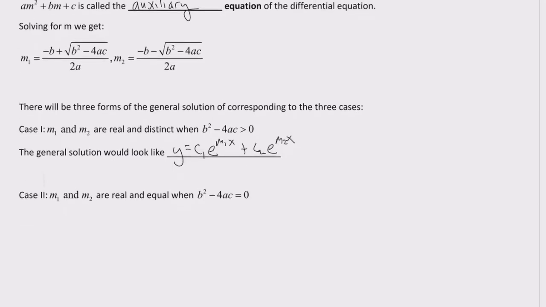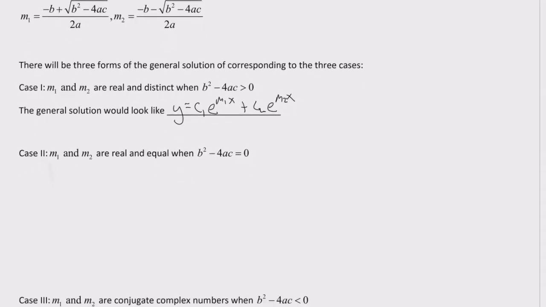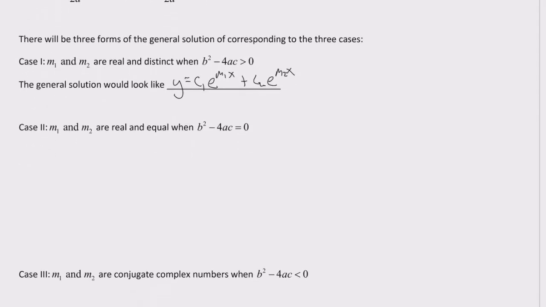All right, case 2, where the discriminant ends up being 0, we would initially have our first solution being e^(m1 x), and then using the method we figured out last lesson, we can solve for the second solution.